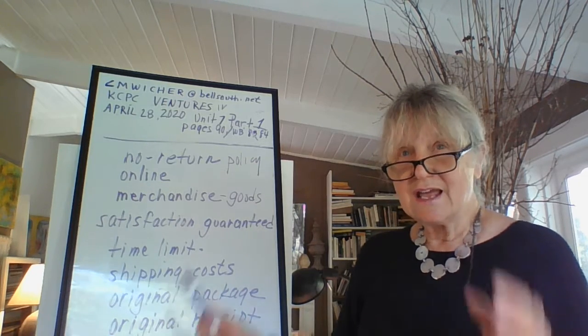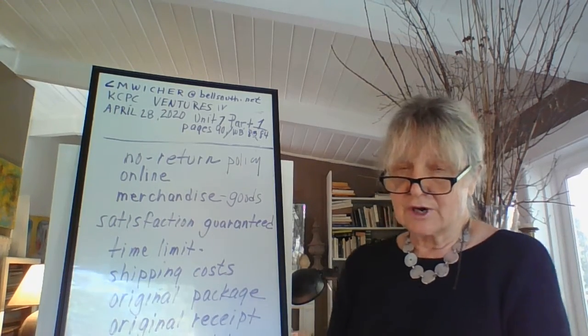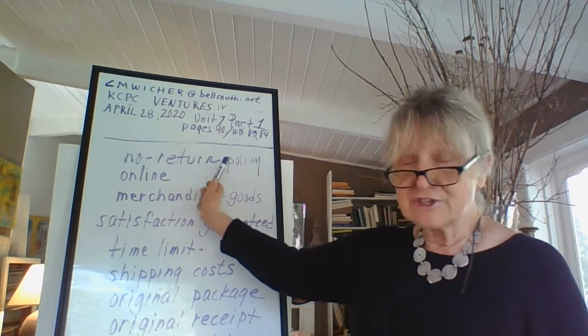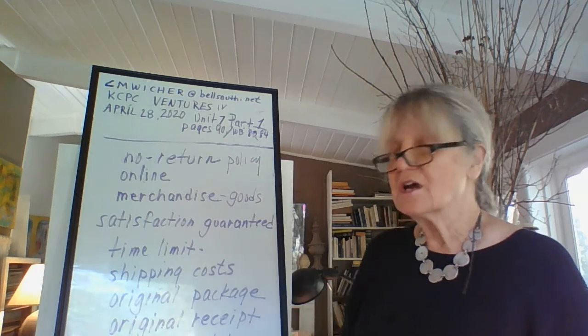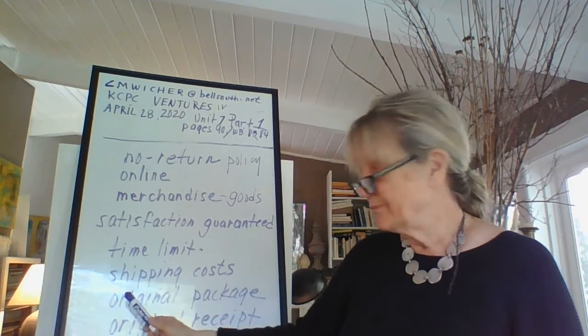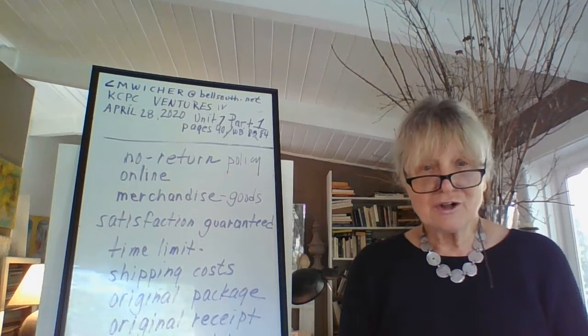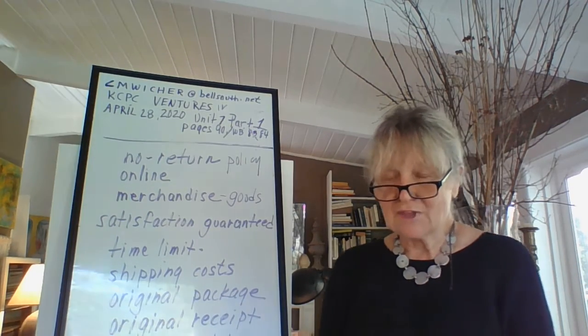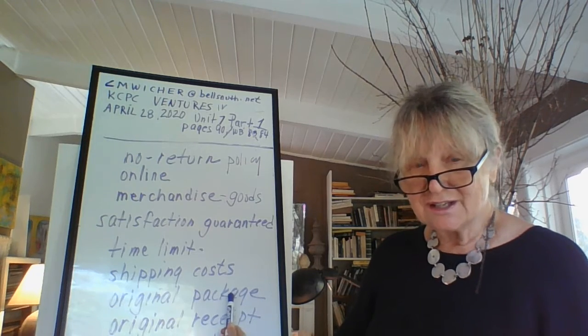Shipping costs. And usually words that go together are said together very quickly, kind of like no return, online, satisfaction guaranteed. Usually there's no real pause in between them. Time limit, shipping costs. Next one, original package. So what is this? Package.